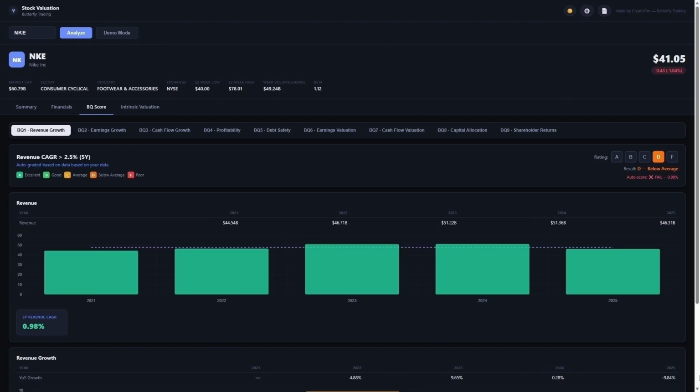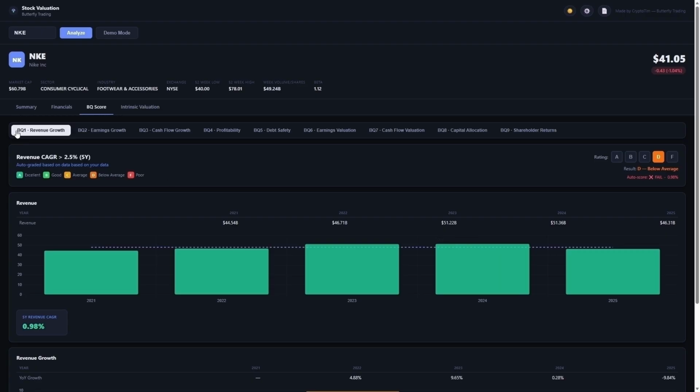Each one gets a grade from A to F, automatically calculated from the data. The 9 factors covered are growth, profitability, debt safety, valuation, capital allocation, share and shareholder returns. This is a structured, repeatable way to assess any business.